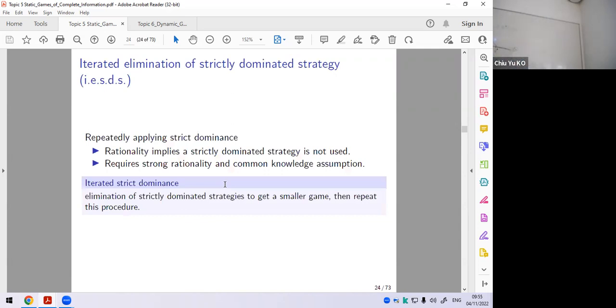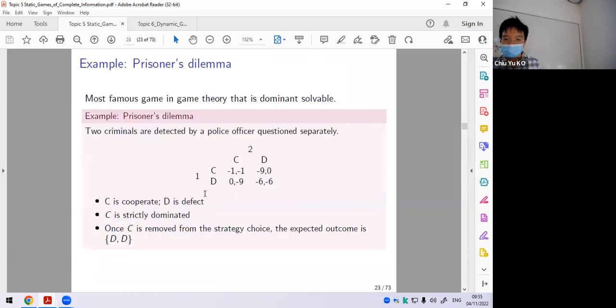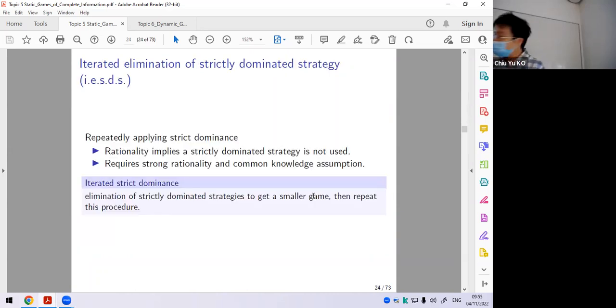So another way is to repeat applying strict dominance more than once. You keep doing it, because once you take out one strategy, you have a new, simpler game. So you keep reducing the game into smaller and smaller ones until you get to the end.